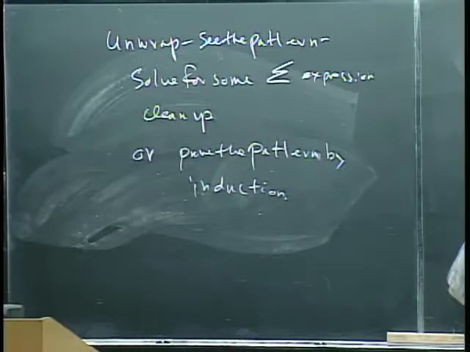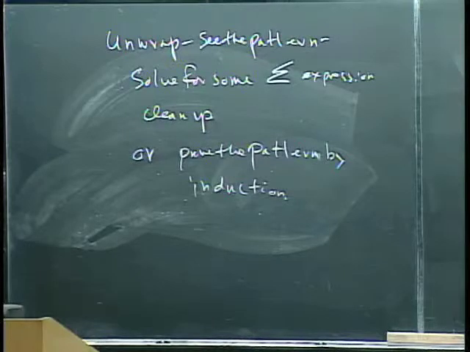So what it means to unwrap is you use the recurrence relation on some specific value of n for a little while until you see what's actually going on in successive uses of the recurrence. And it's very useful to start with a number that's going to make the unwrapping simple.